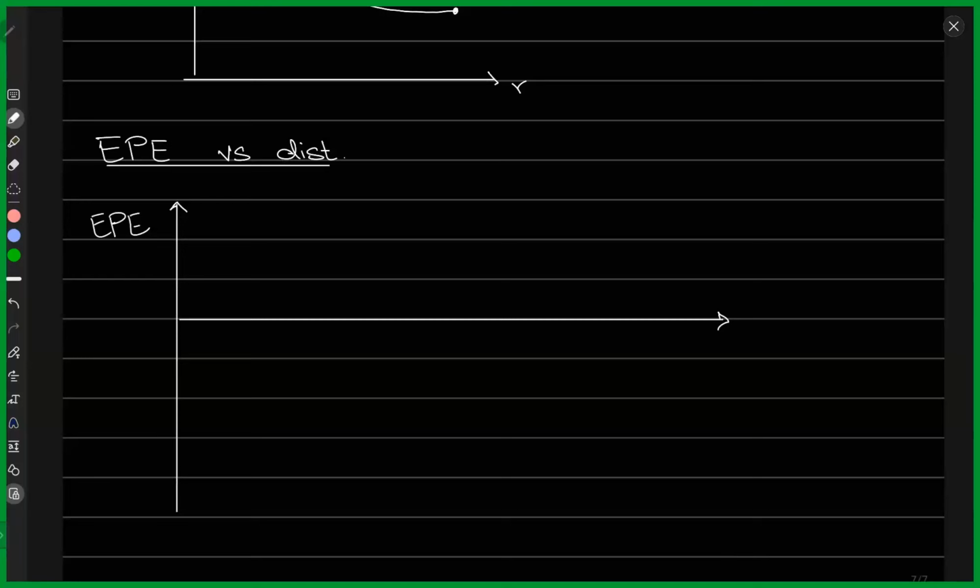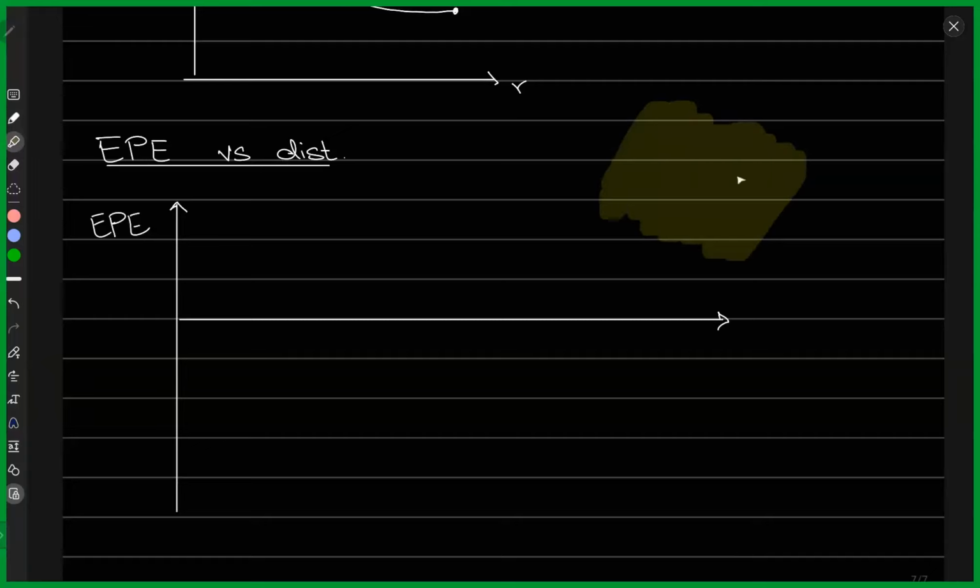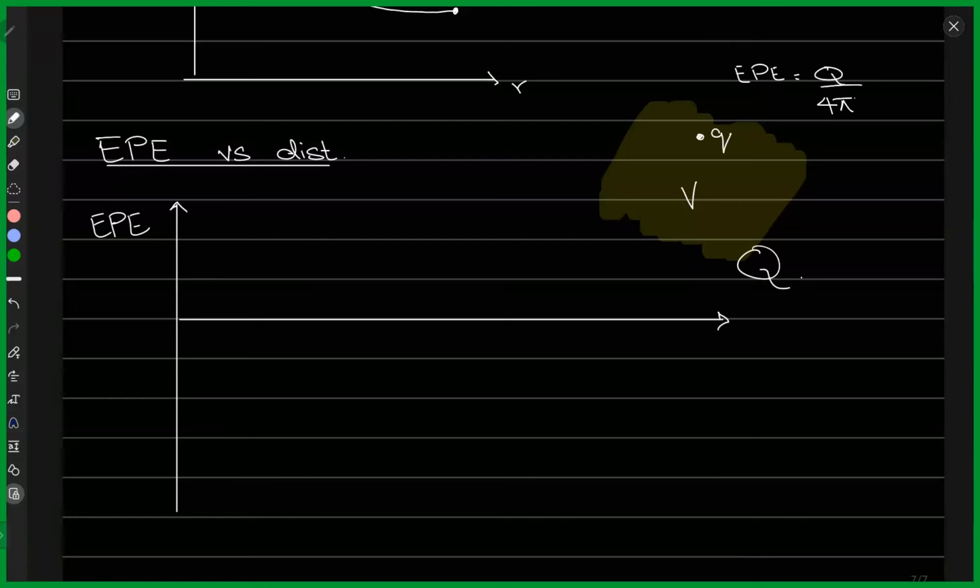Electrical potential energy, by the way, is this: in some space there is some electrical potential, some V, due to some massive charge Q, and I bring any other charge into that space. Then this charge will have some energy, electrical potential energy, and that energy is given by the electric field strength due to the capital charge Q, which is simply Q over 4 pi epsilon naught r squared, right?